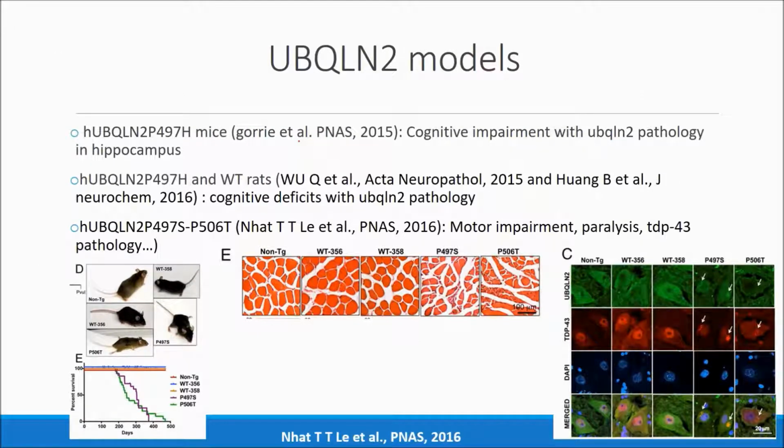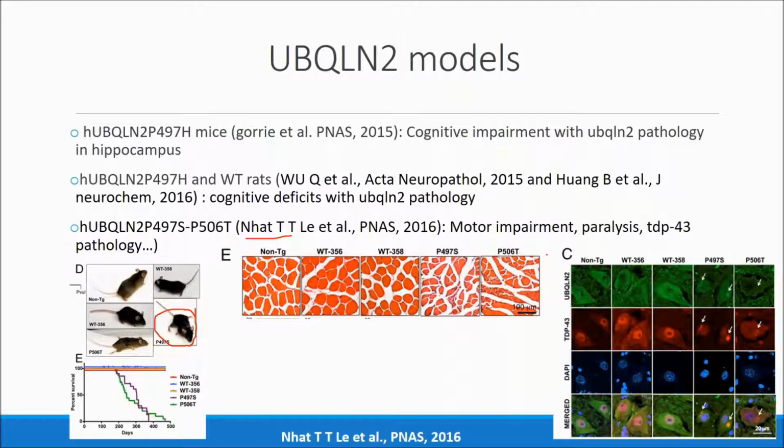There's also a Ubiquilin-2 model. So one of the good Ubiquilin-2 models was published in 2016 by Le et al. So this model has great features of the disease also. It becomes paralyzed. It's dying of the disease.